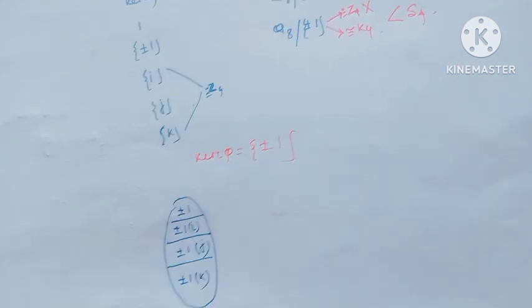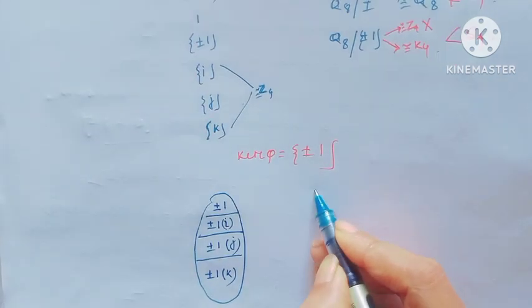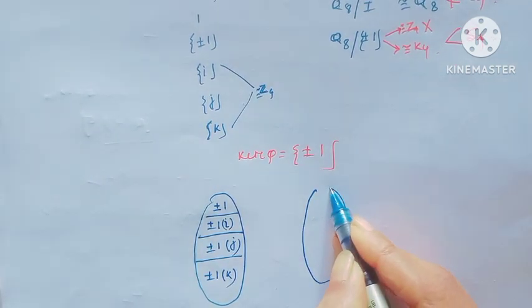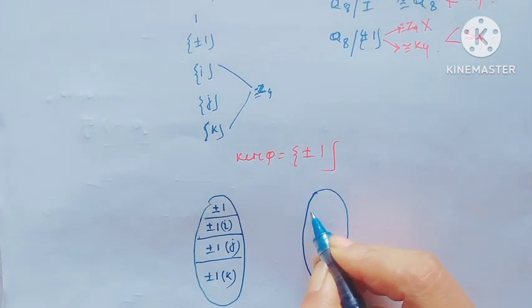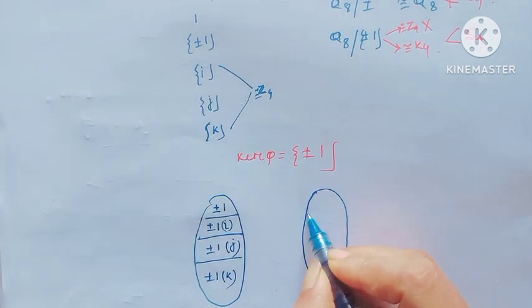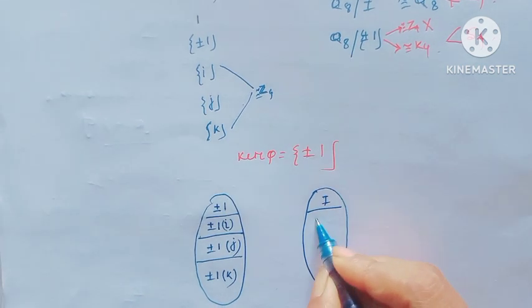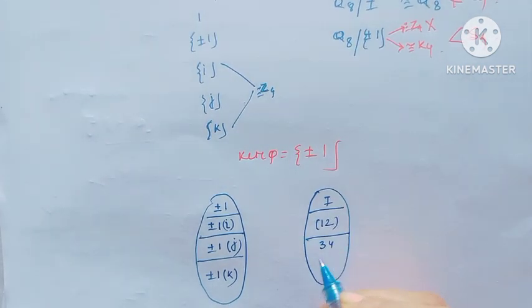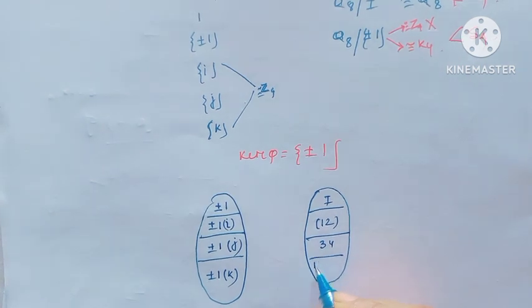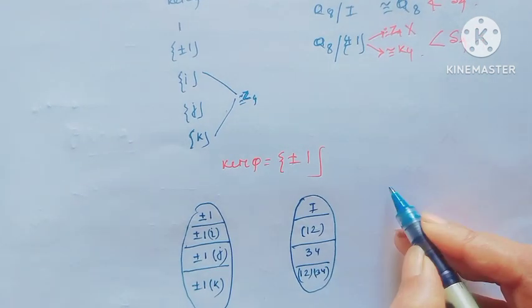And in S4, the subgroup of K4 type is identity, (1 2)(3 4). This is one possibility.